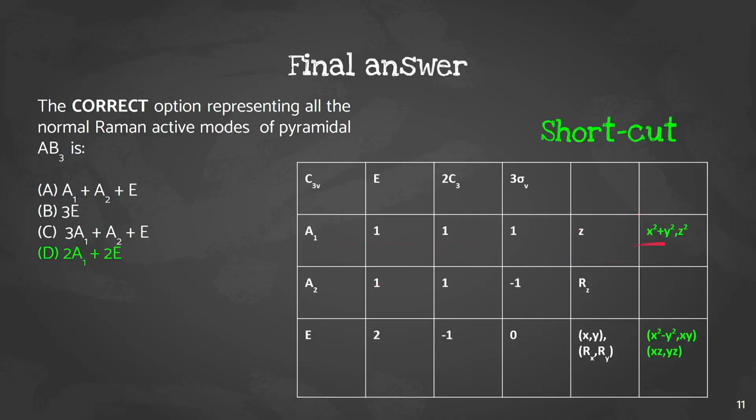The quadratic terms are A1 and E, so the answer should contain both A1 and E and not A2. A and C both contain A2, so they are not right. In B there is no A1, so that is also not right. The only option remaining is D. So in this way also, taking a short path, we can answer the question.